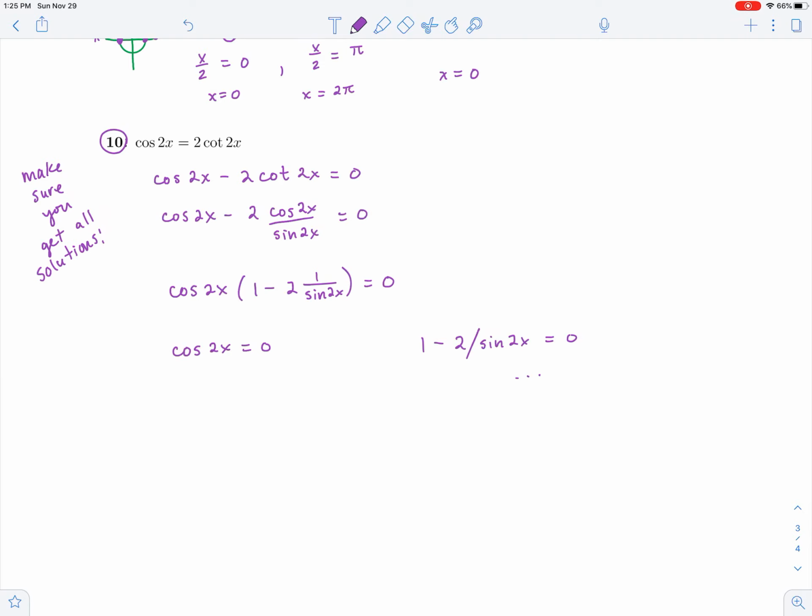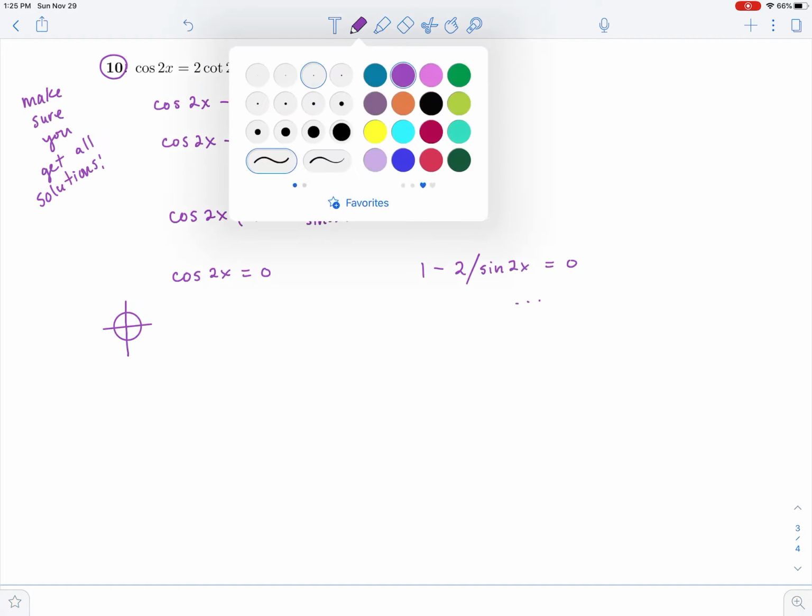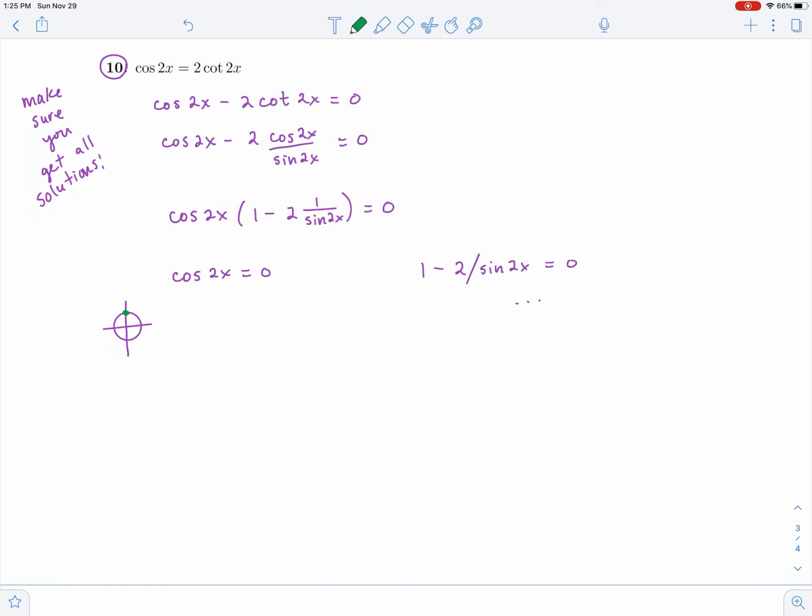I'll leave this one for you to finish. And for this one, I'll show you what I'm talking about, going around the circle twice. So cosine of an angle is 0. That happens in 2 places. Cosine is 0 here and cosine is 0 here because you're not moving in the x direction.